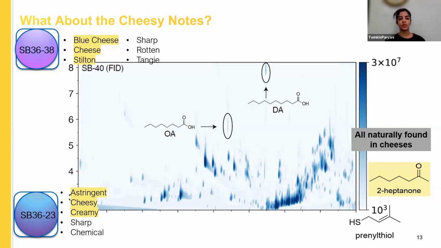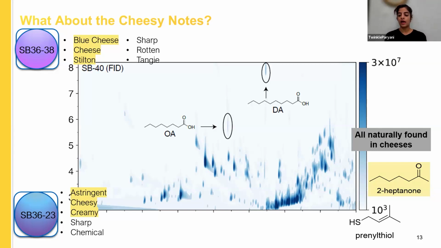And so then we were like, okay, octanoic and decanoic acids are cheesy, but what else could we hypothesize is contributing to the cheesiness of this cannabis specifically? And what we found was two different compounds that we previously reported and had talked about: 2-heptanone, or methyl amyl ketone, and prenylthiol, which was one of our savory VSCs, the one that smells more skunky and gas-like.